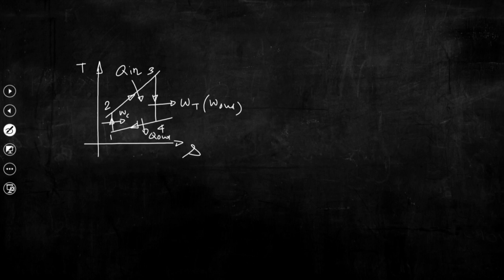So, what is the efficiency? Thermal efficiency, or I should say efficiency of the cycle, is W net divided by Q in, that we have studied in our basic thermodynamics course. So, what is W net?